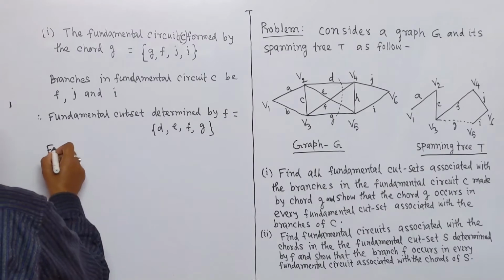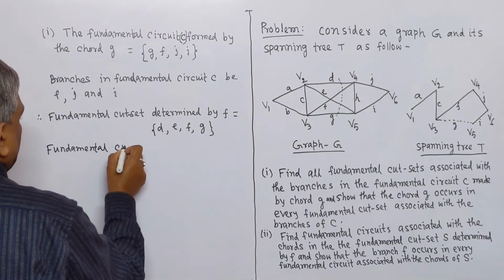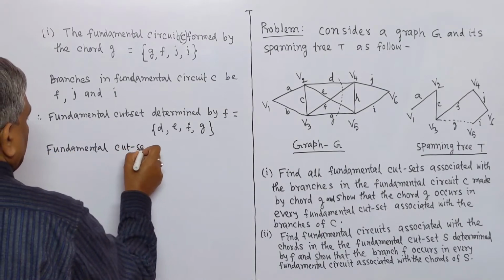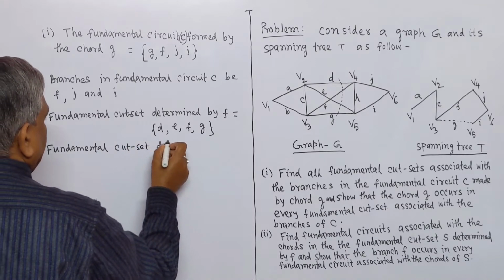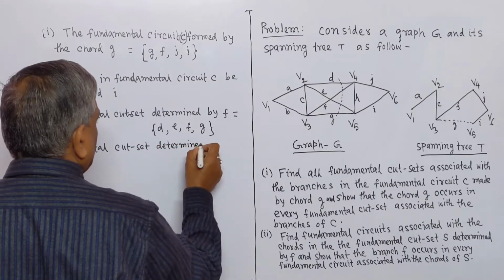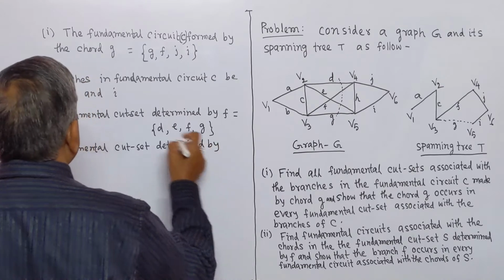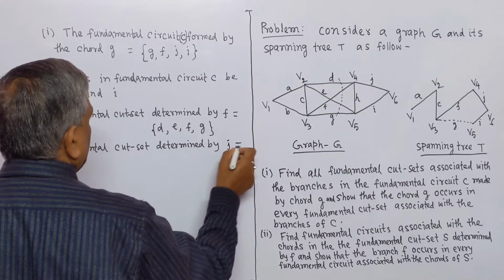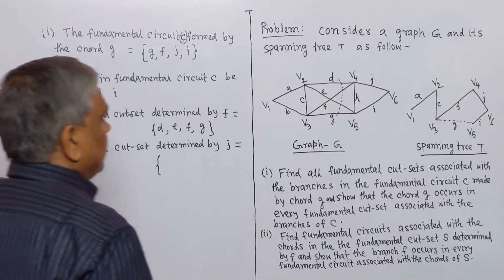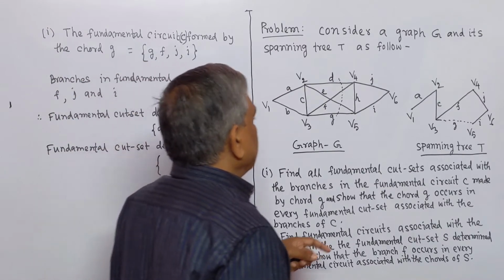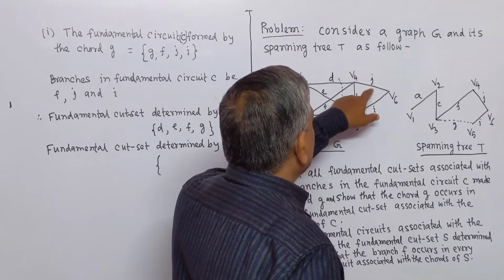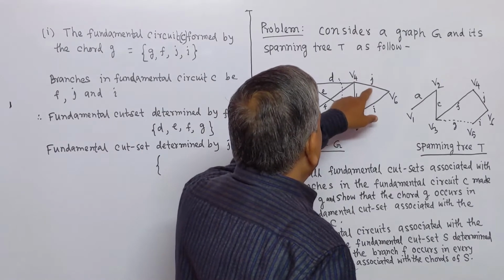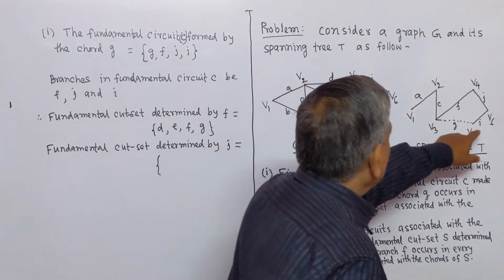Now fundamental cut set determined by J. Here J be a branch and I is also a branch.